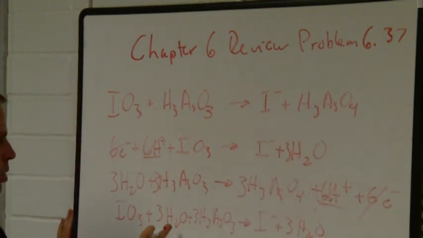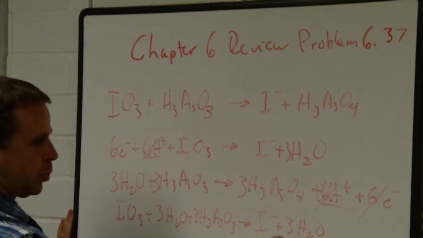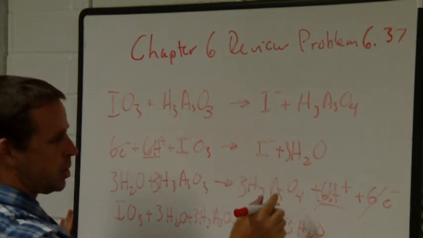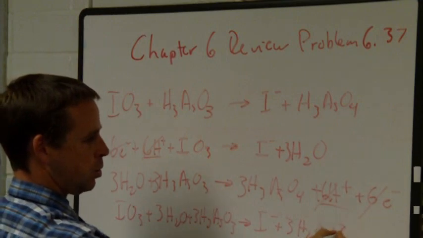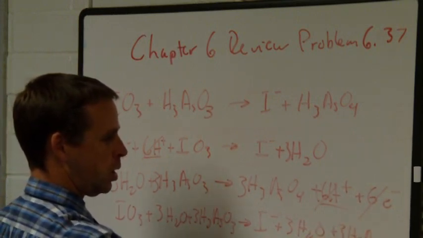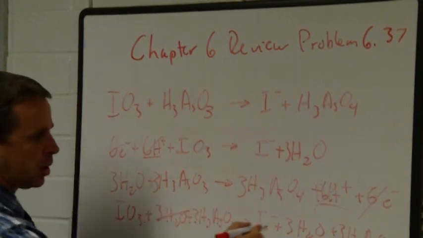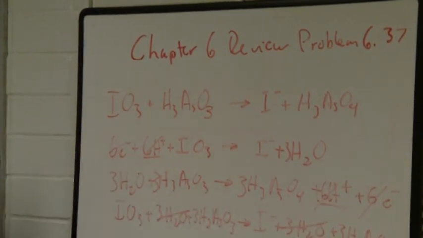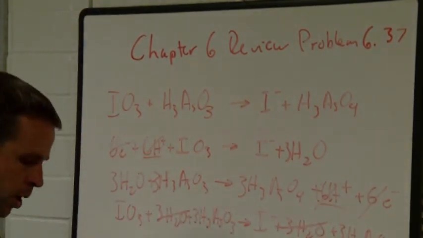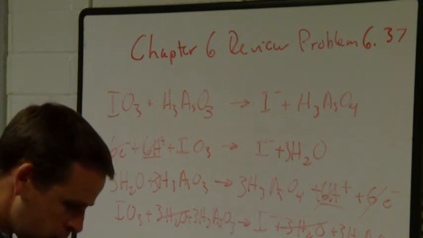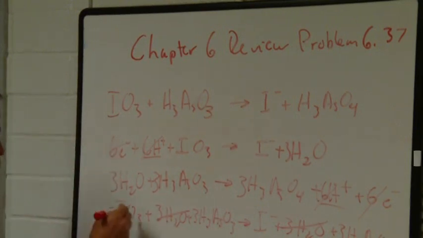Oh, we had 3 waters on both sides. Well, 3 waters over here and 3 waters over there will cancel out in a second. Plus 3 H3AsO4. Okay, and we can cancel out anything that's left. So we have the IO3 ion, minus charge there. Huh, wait a second.